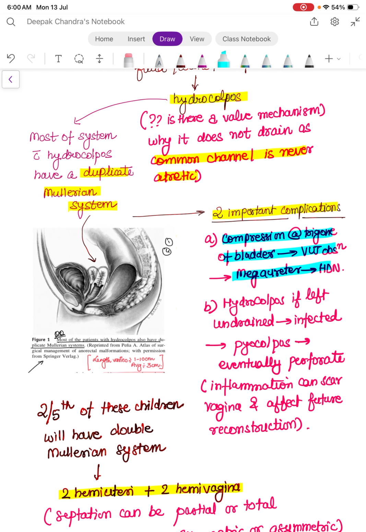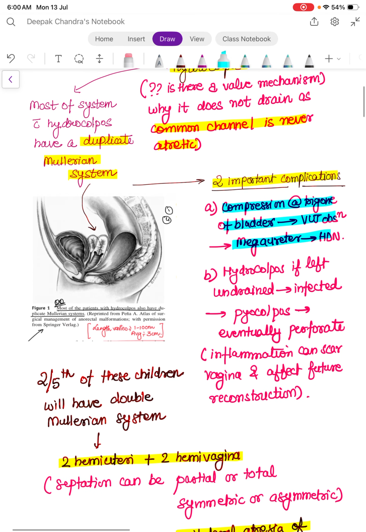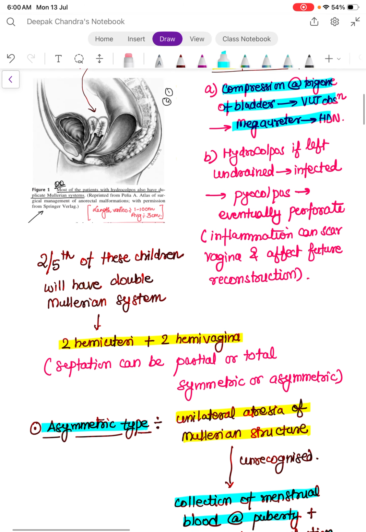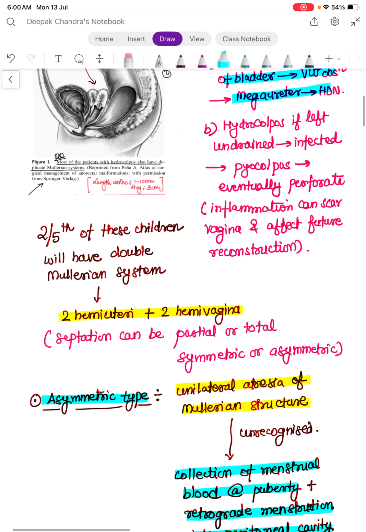And if this hydrocolpos is left untreated or undrained, it can get infected and cause pyocolpos formation, which will eventually perforate and lead to a scarred vagina, and surrounding inflammation will affect the future reconstruction.